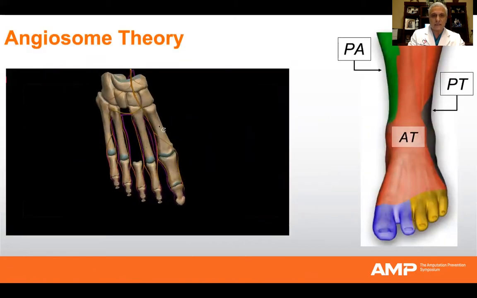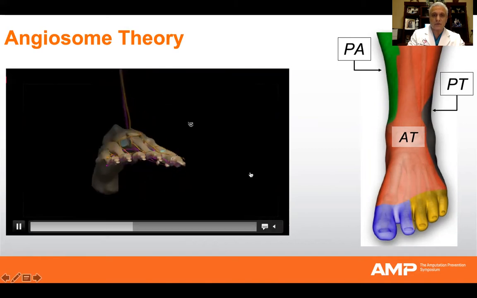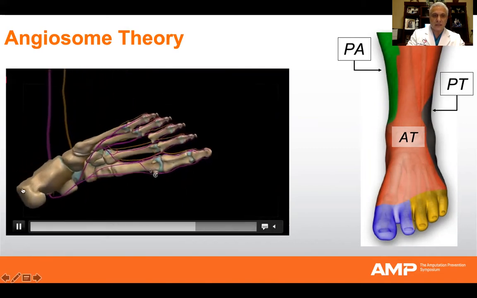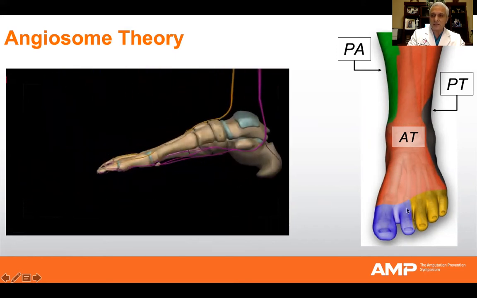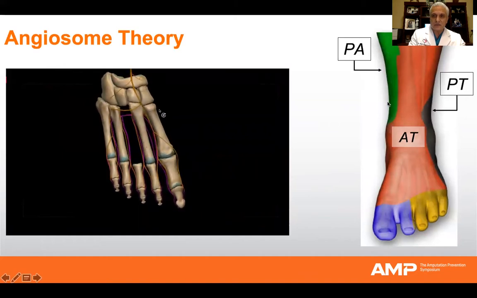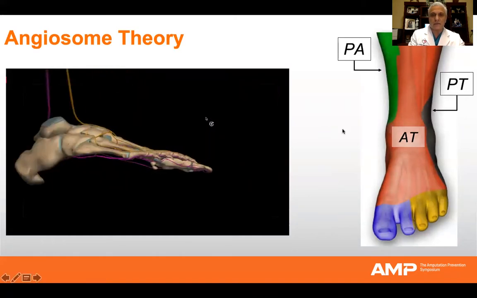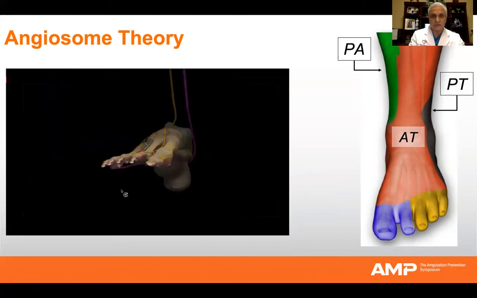You can see that the anterior tibial artery usually supplies the dorsum of the foot, and the posterior tibial artery, in purple, gives the heel flow, and then there is a combination with the peroneal at this area. This gives us an idea which part of the foot is supplied by which vessel and where we're going to be focusing in our interventional procedures.